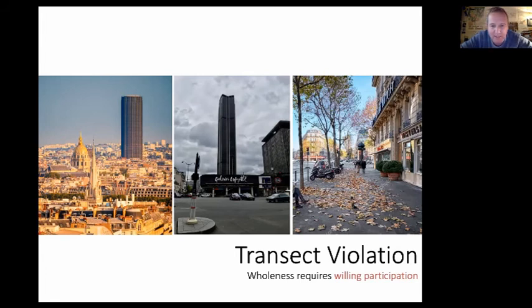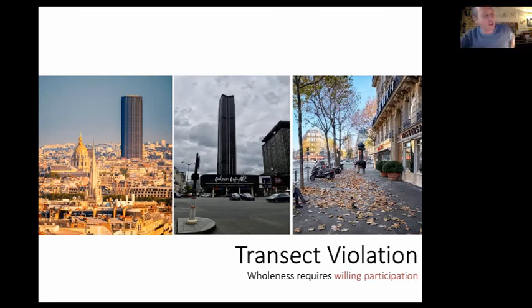And what you can see in this photograph in the middle is that you have a very sort of automobile-oriented public realm that happens around the base of this skyscraper that is completely different from the ecology that is designed to the right. And so people were shocked by this, what essentially you could refer to as a transect violation, where suddenly the ecological transect was not participated with.